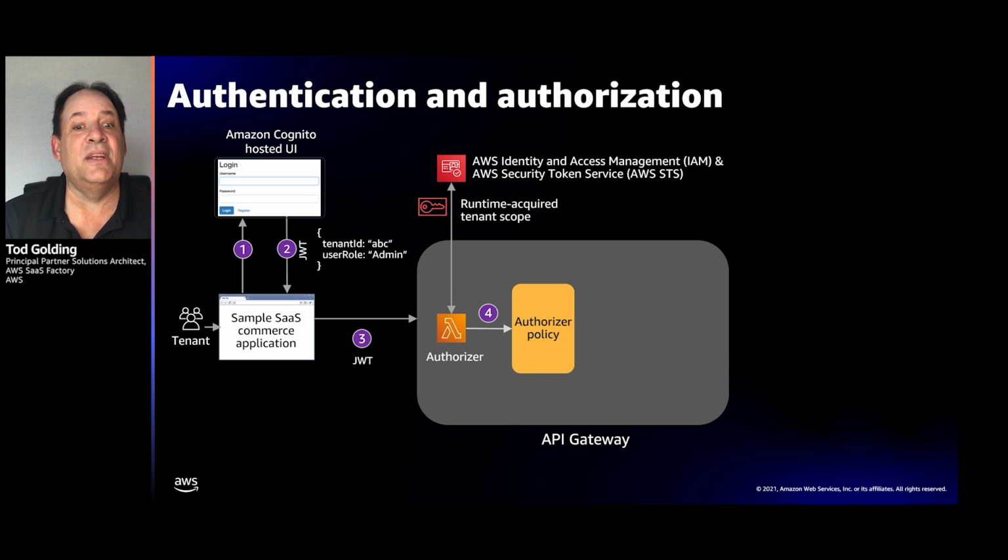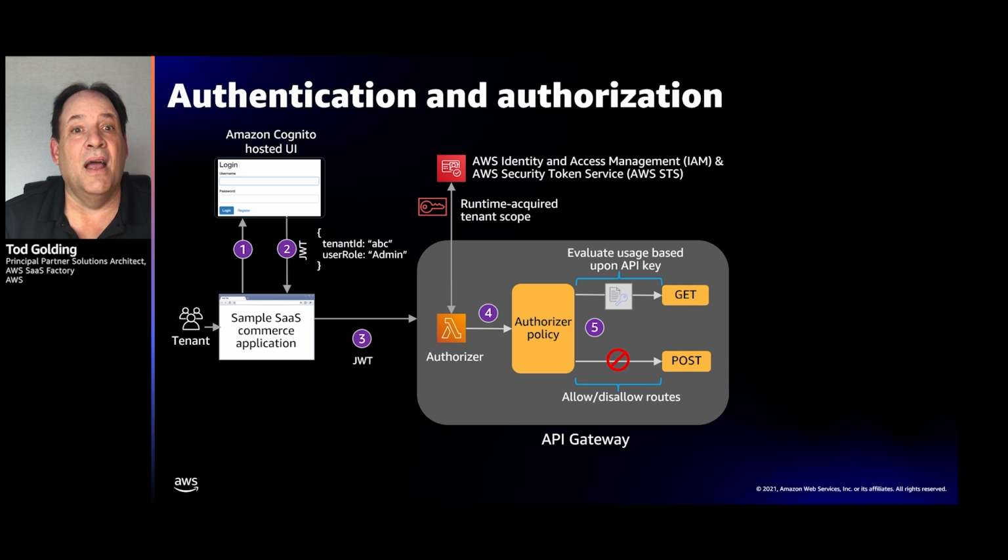Through that policy, we can control a couple of things. Based on your API key and your usage plan, we can say how many requests you can make and how much activity you can generate based on your tier. We'll dig into that. And based on your role, if you're an admin, I might open more paths for you than if you were some other role in the system.